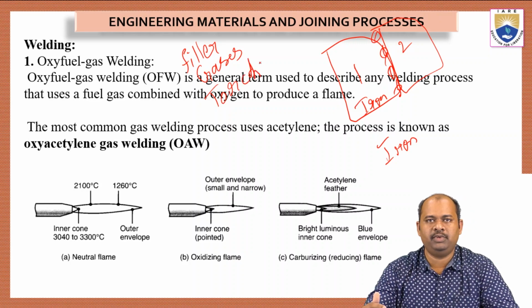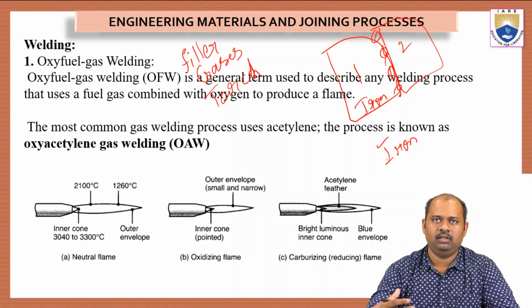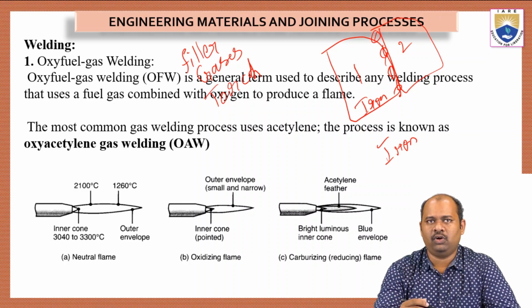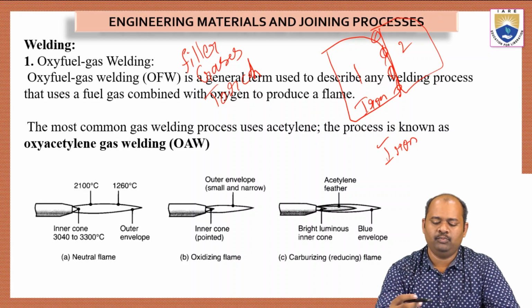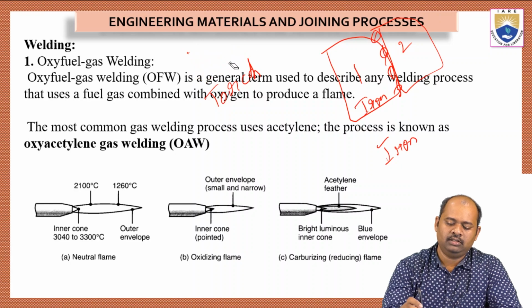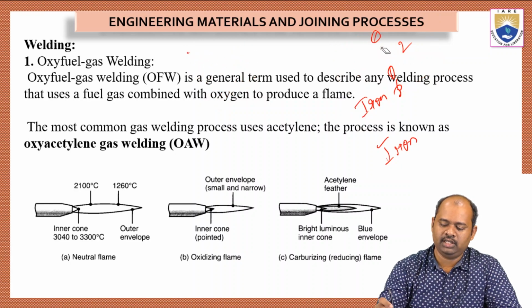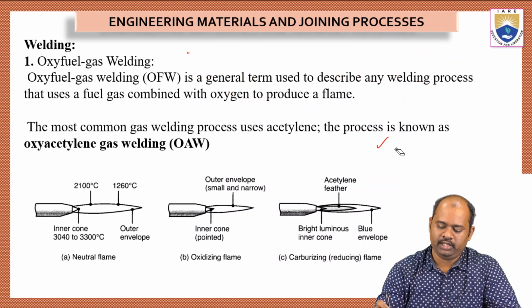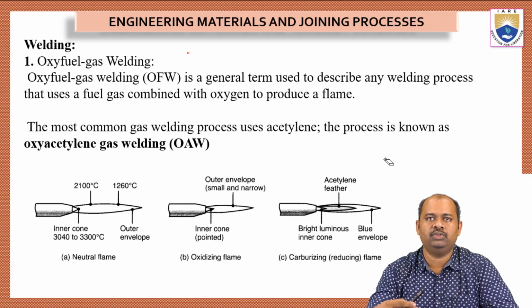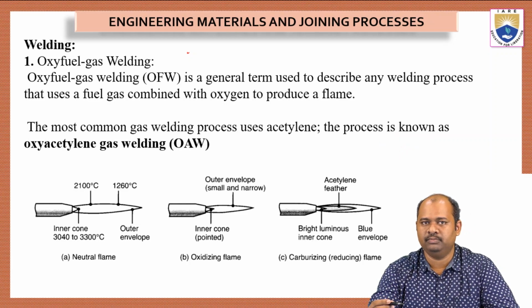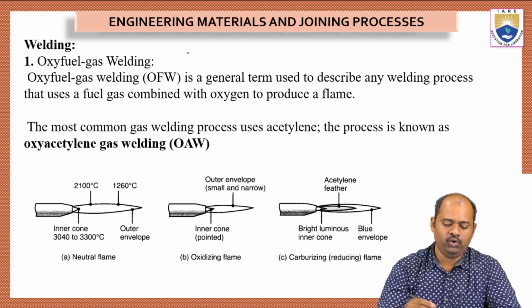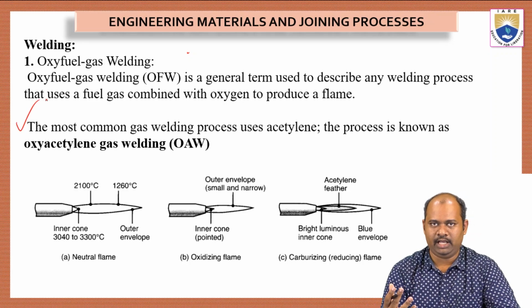These are the requirements for this welding process. Mostly, the fuel used in this process is acetylene gas. Along with oxygen, we use acetylene gas to produce the flame. The most common process is oxy-acetylene gas welding.